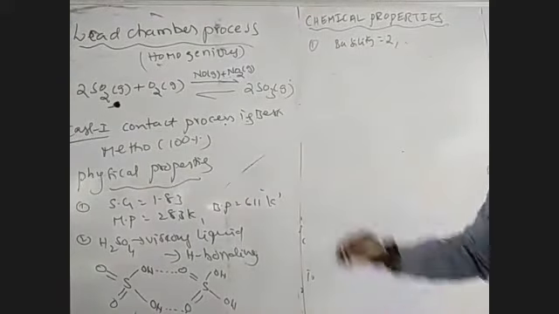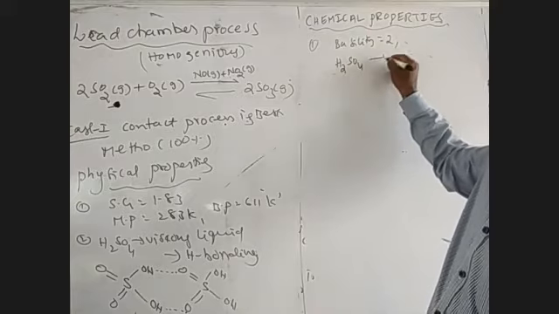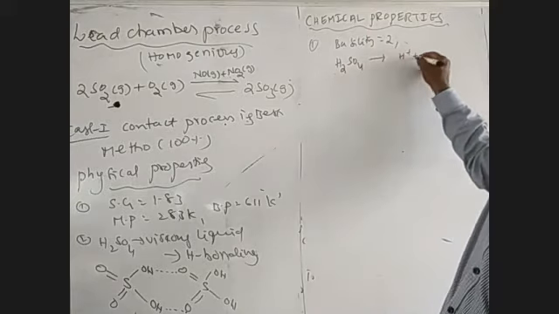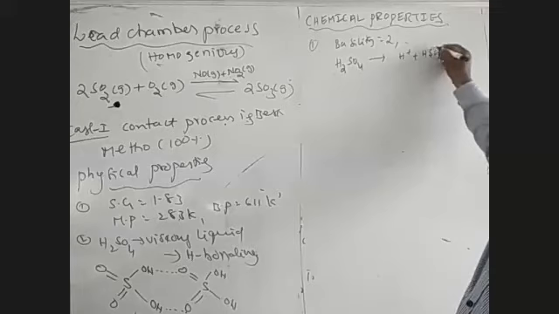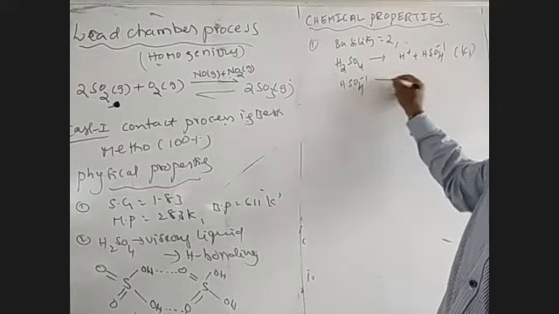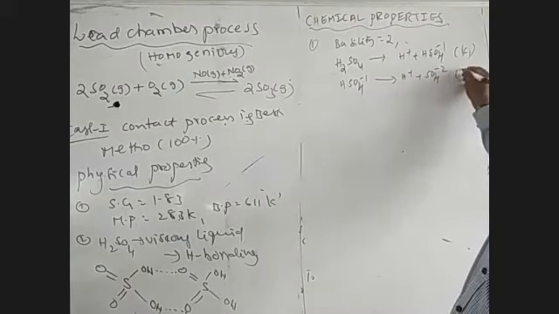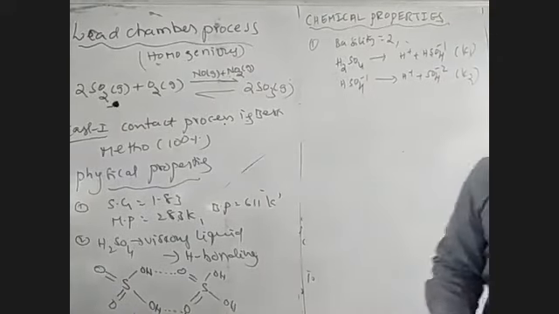H2SO4 first dissociates into H+ and HSO4-. The dissociation constant of the first step is taken as K1. And HSO4- dissociates into H+ and SO4 2-. The dissociation constant is taken as K2.